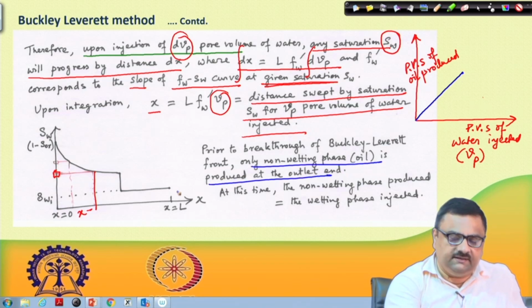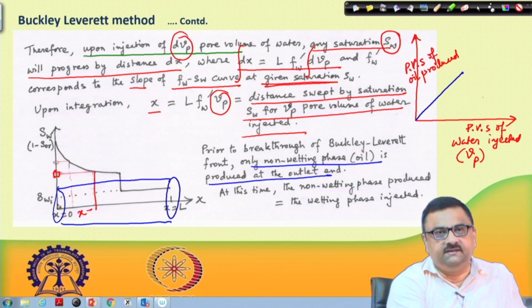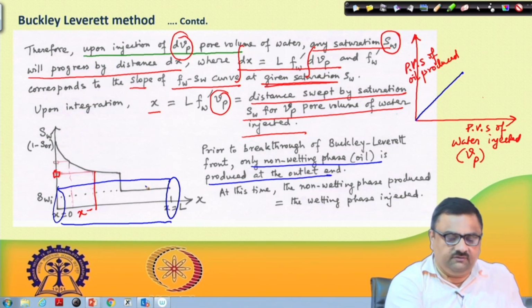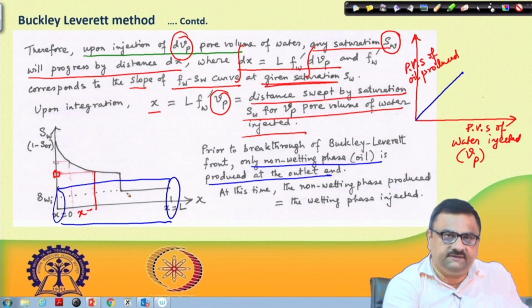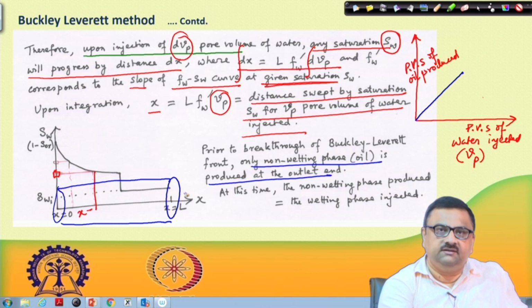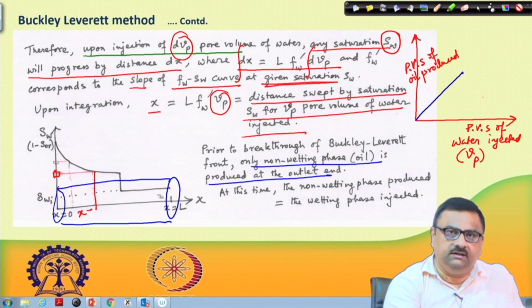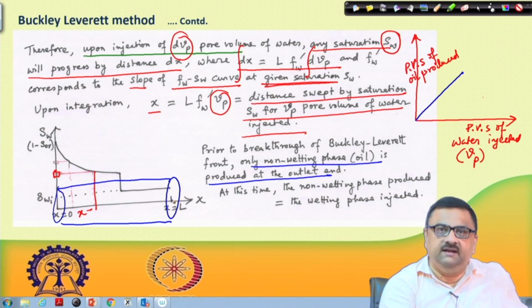Let us say this is x equal to L. So, this is the plug, and the plug runs from x equal to 0 to x equal to L. The Buckley-Leverett front has come up to this point. Beyond this point, the saturation is interstitial saturation, Swi. So, this Swi can never move, Swi is all trapped.